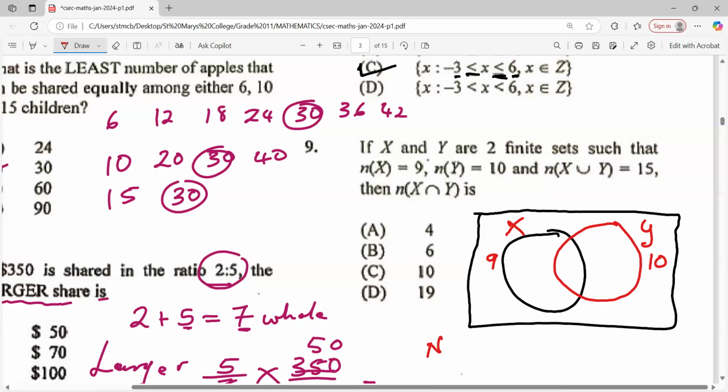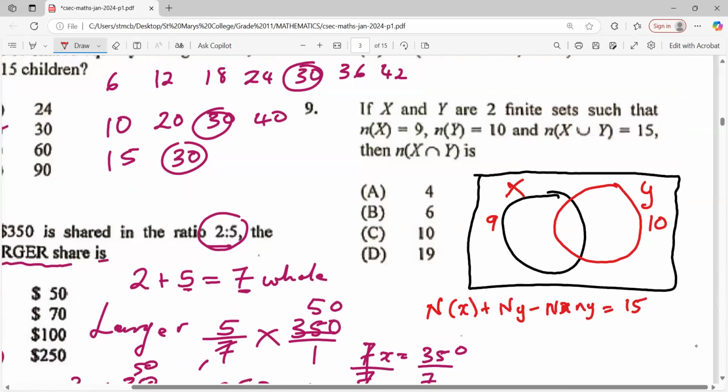So the number in X plus the number in Y minus the intersection must give you 15. So we can just form a little equation, right? Now we're not doing deeper fancy things. We could just do it straightforward now.